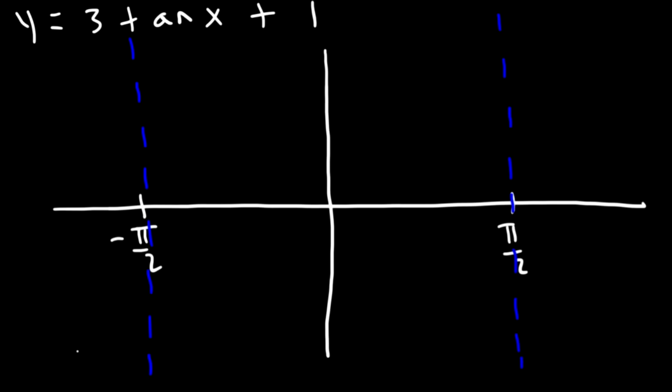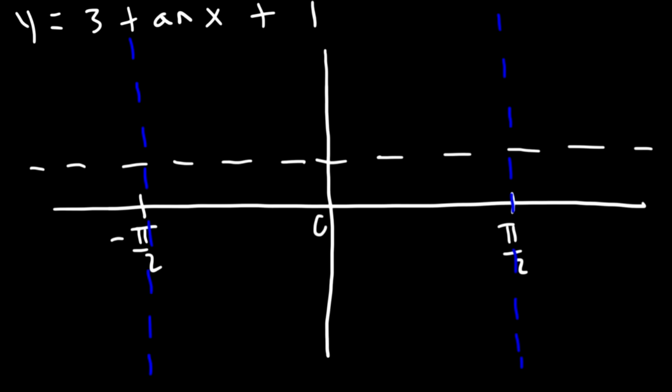Now notice that the graph has been shifted 1 unit up. So I'm going to draw my center line at 1. This is not a horizontal asymptote, by the way. So keep that in mind.